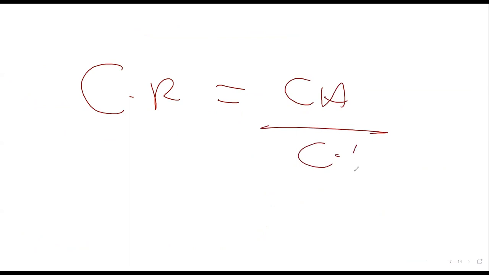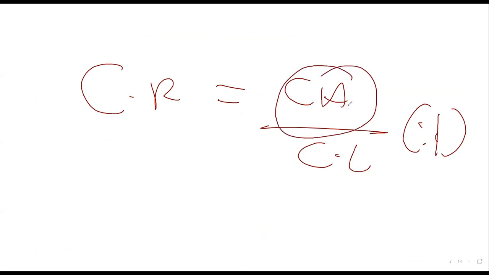You see, let me do something for you. Current ratio, I'll go back for you to copy. Current ratio is equal to current assets over current liability. Make current asset the subject. To make current asset the subject, you multiply by this.